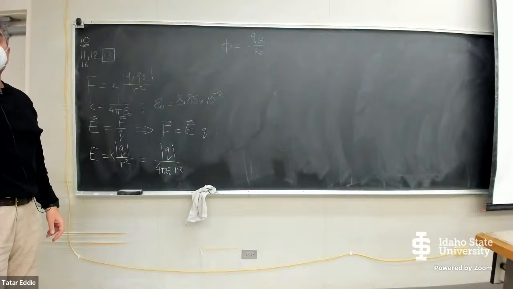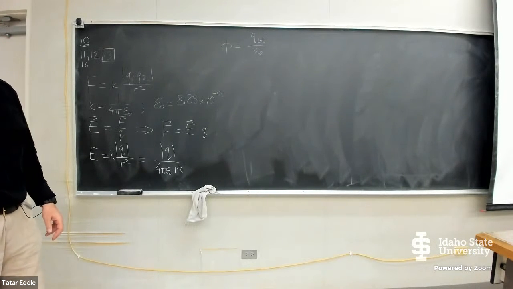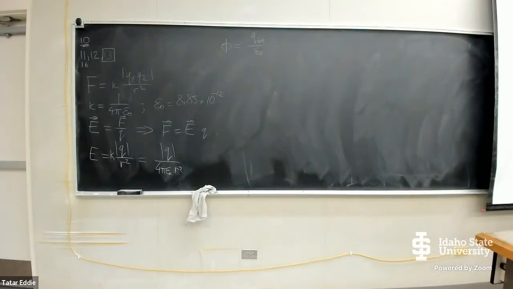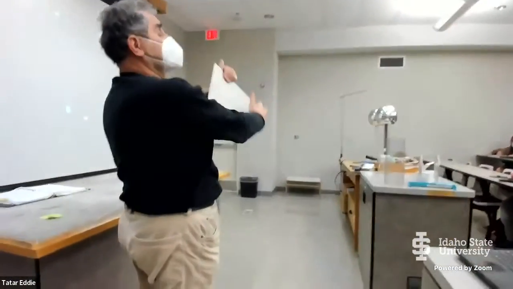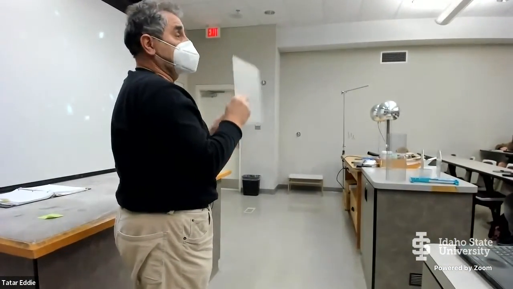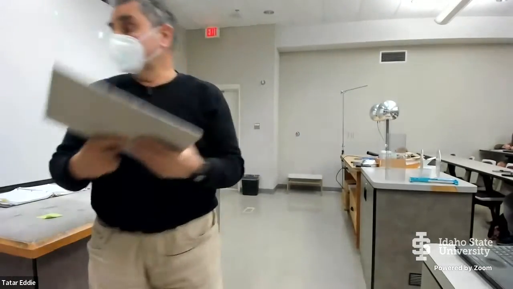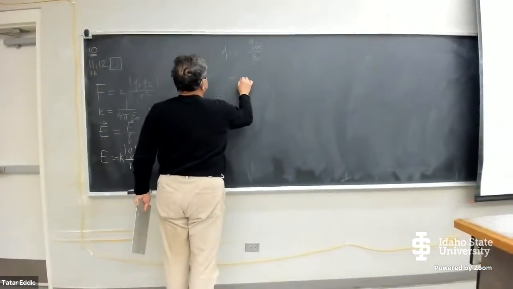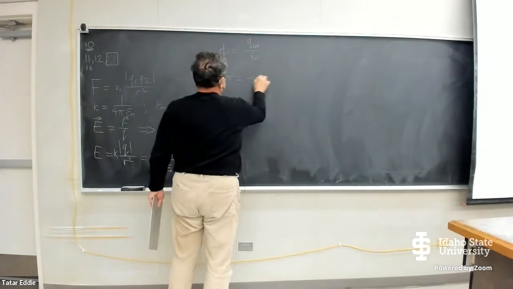So using Gauss's law, we figured out the electric field created by a charge uniformly distributed over a very large, infinitely large surface. So uniformly charge distributed on the surface. Usually charge distribution density is denoted with the letter sigma.